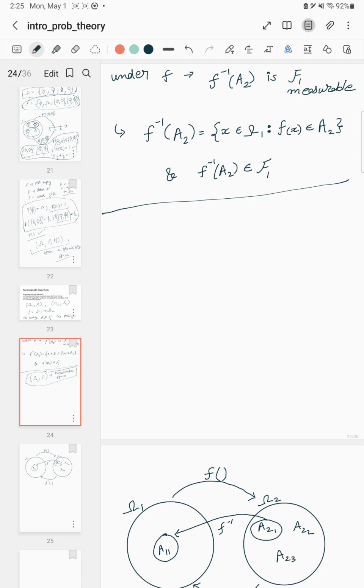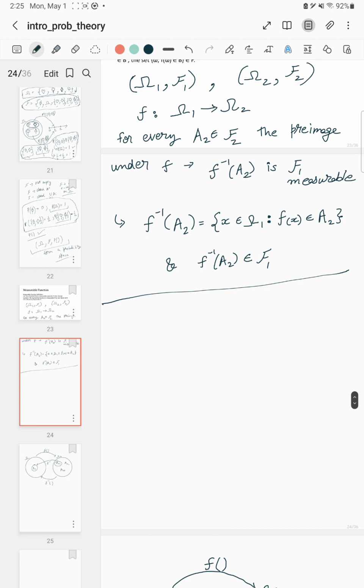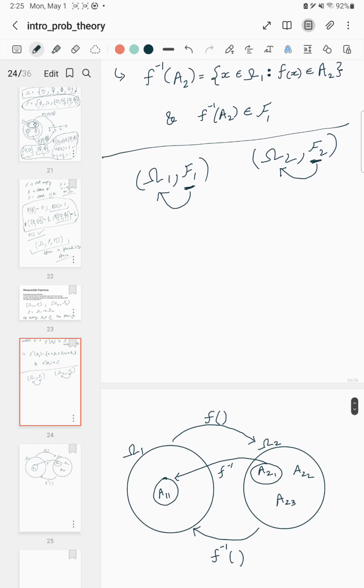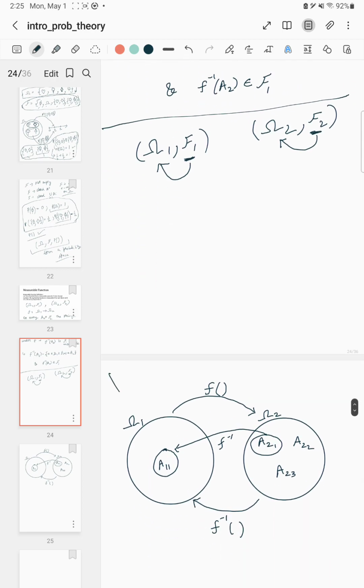Similarly, let's say there are two measurable spaces. We are defining two measurable spaces, omega 1 F1 and omega 2 F2, where F1 is a sigma algebra on omega 1 and F2 is a sigma algebra on omega 2. We can denote it like this.